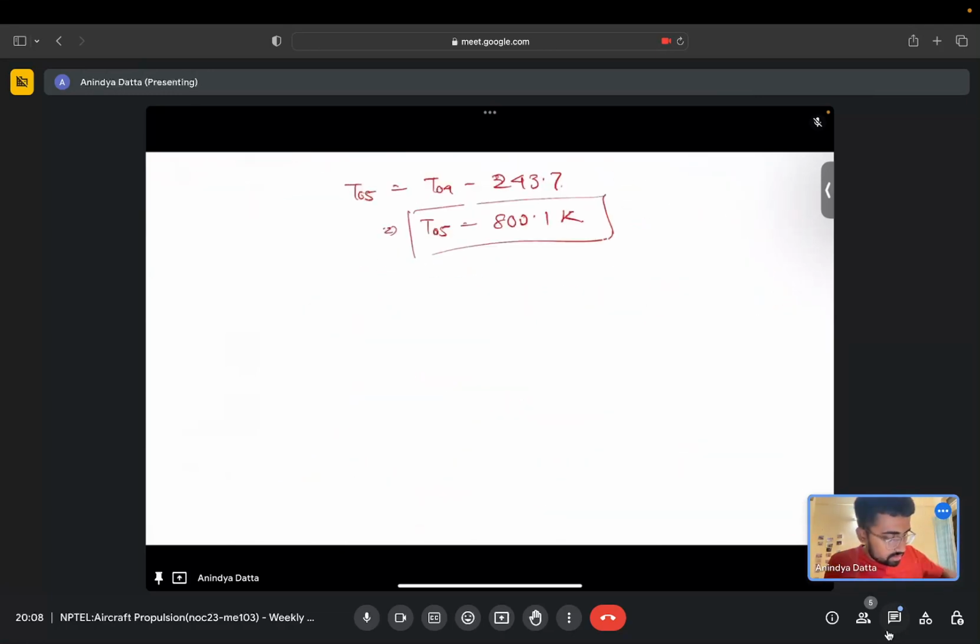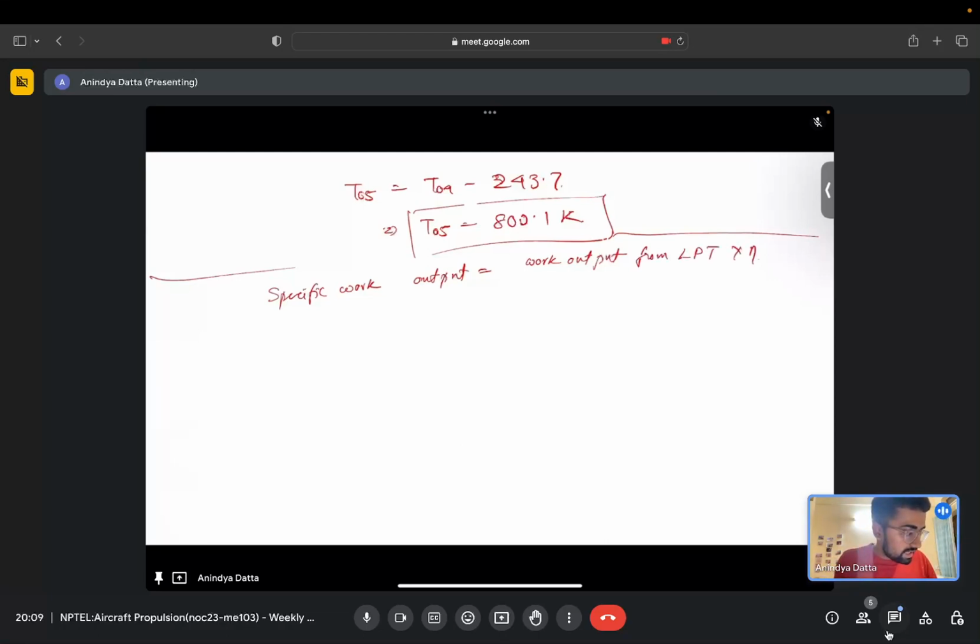So the specific work output is the work output from the low pressure turbine only, times the mechanical efficiency.